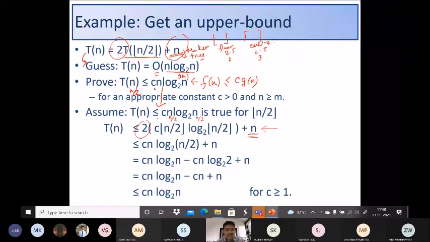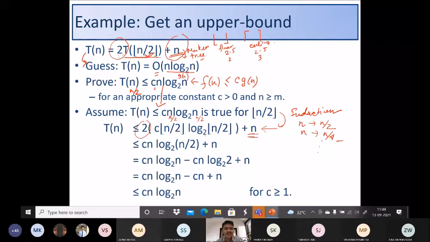So it is less than or equal to c·n log₂ n. And this is induction. Why this is induction? In place of n, you are putting n/2. In place of n, you can put n/4 and so on. Here it is written n/2, that's why we are putting n/2. Here if it is written n/4, put n/4.